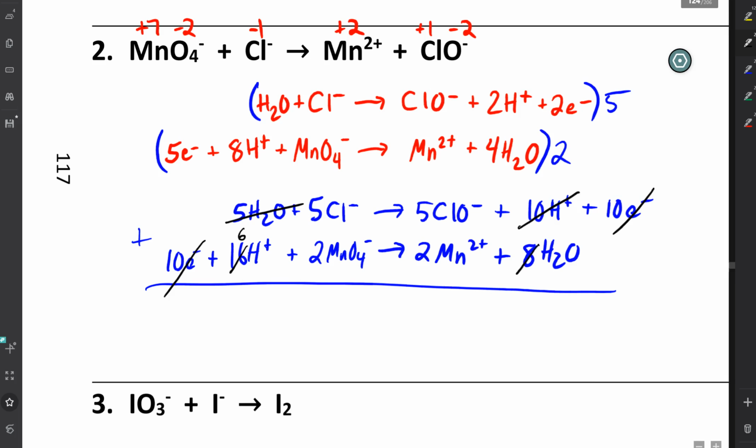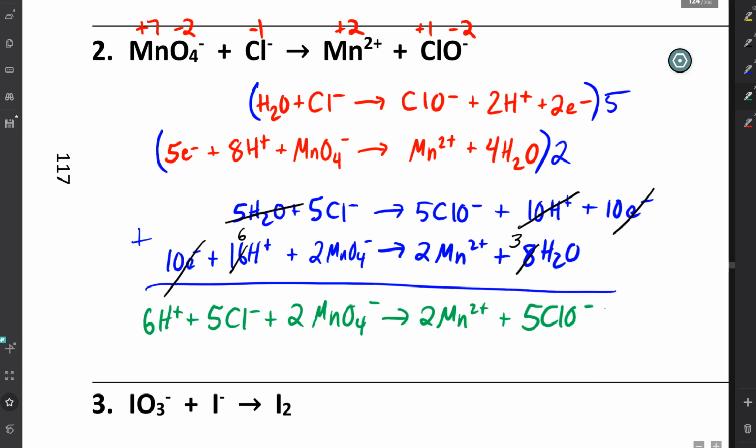I've got 8 initially on the products. I can turn that into a 3. And I don't think there's anything else I can cancel out. So that leaves me with 6H plus 5Cl minus plus 2MnO4 minus yields 2Mn2 plus 5ClO minus plus 3H2O.